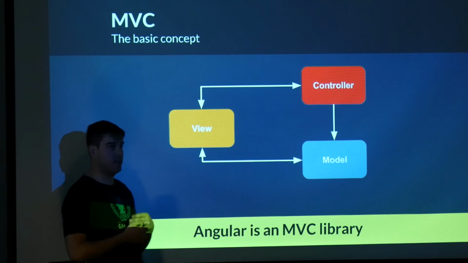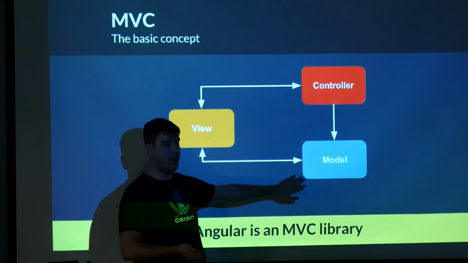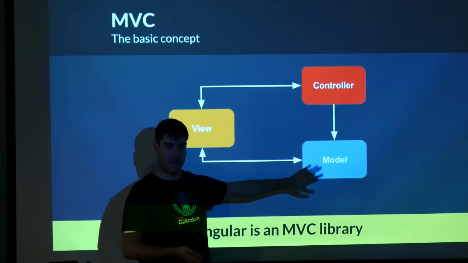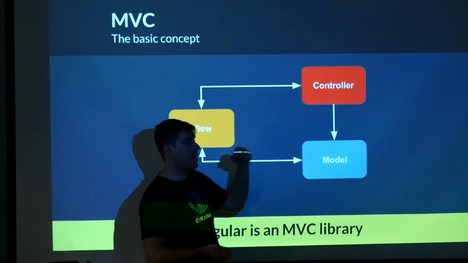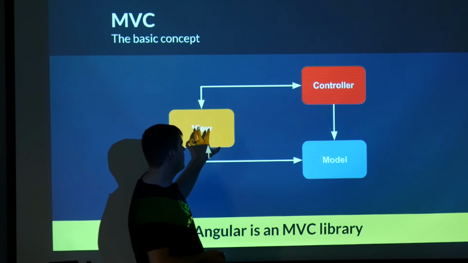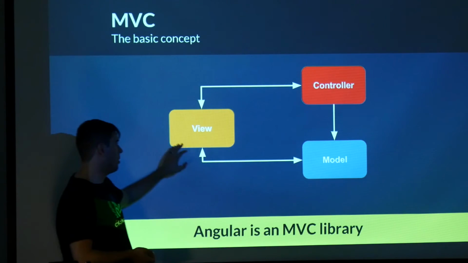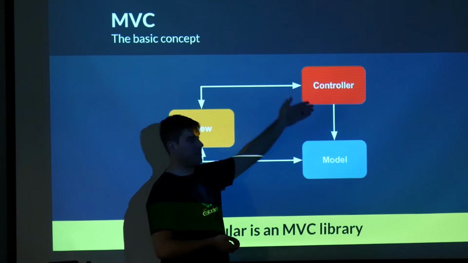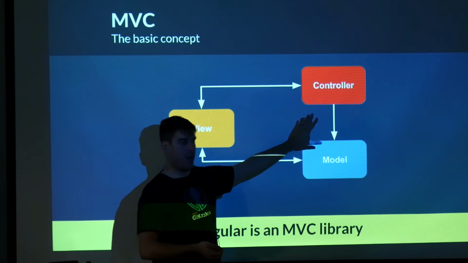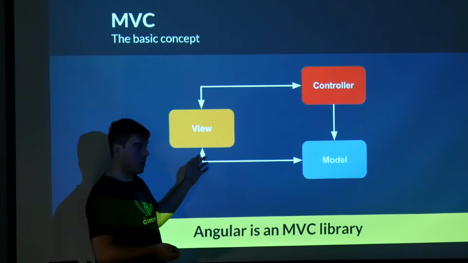So, I'm currently loading another view. Well, the model knows that I'm loading another view. That's where that state stays. And the controller is kind of what binds actions in the view to the model. So when I click on something in the view, it fires some sort of action off, which talks to the model, updates the view.